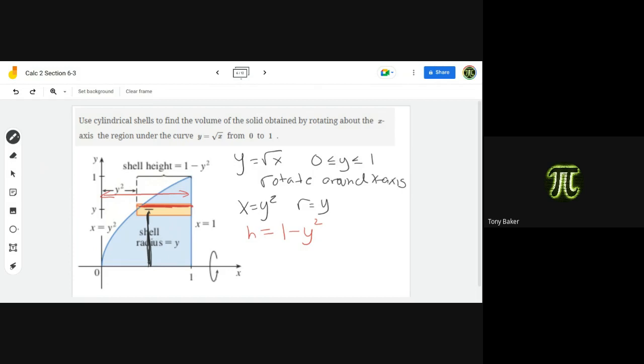If I was looking for this piece out here, it would have just been y squared, because that's that part there. But since I'm looking for this piece in here, I would basically make this a rectangle. That's what 1 is. And I'm subtracting off that part there. And that part there is my y squared.